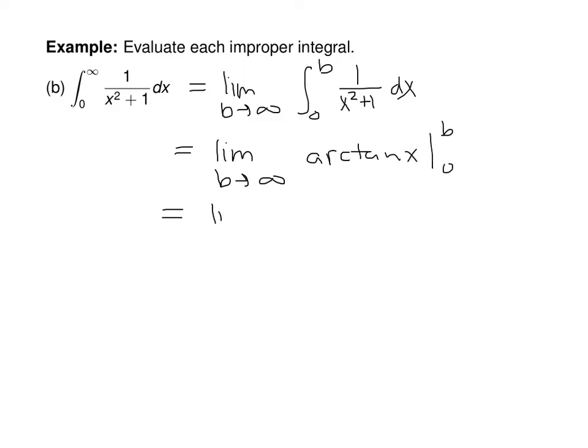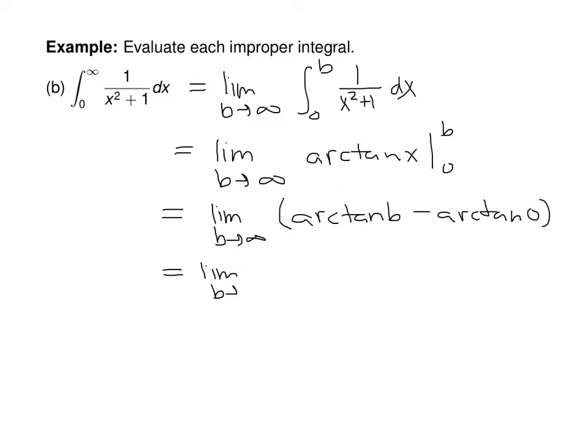So you have the limit as b goes to infinity of arctan b minus arctan 0. Arctan of 0 is 0, so all you're asked to find now is the limit as b goes to infinity of arctan b.